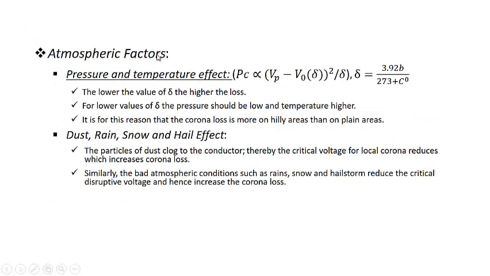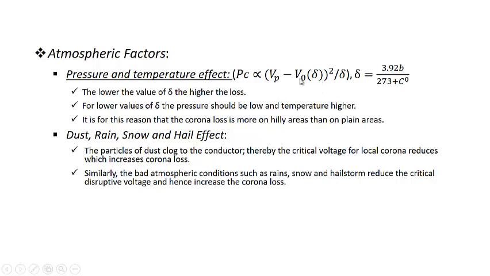Now, atmospheric condition. As we know from Peterson's formula, Pc is proportional to (Vp minus V0) squared, which is itself a function of delta, divided by delta. So where delta is this value, the lower the value of delta, the higher is the corona loss.